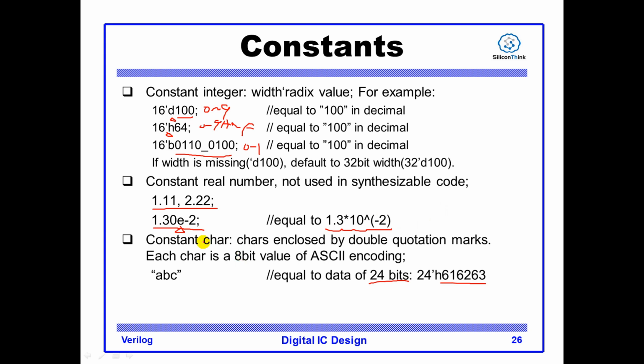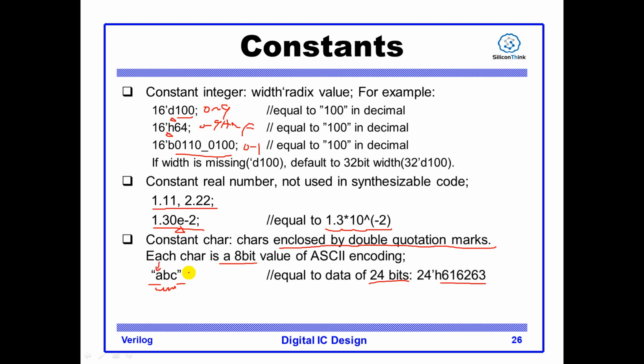Also, you can have some constant chars. You can say a string in C language. So they are enclosed by double quotation marks, and you write your chars inside it.